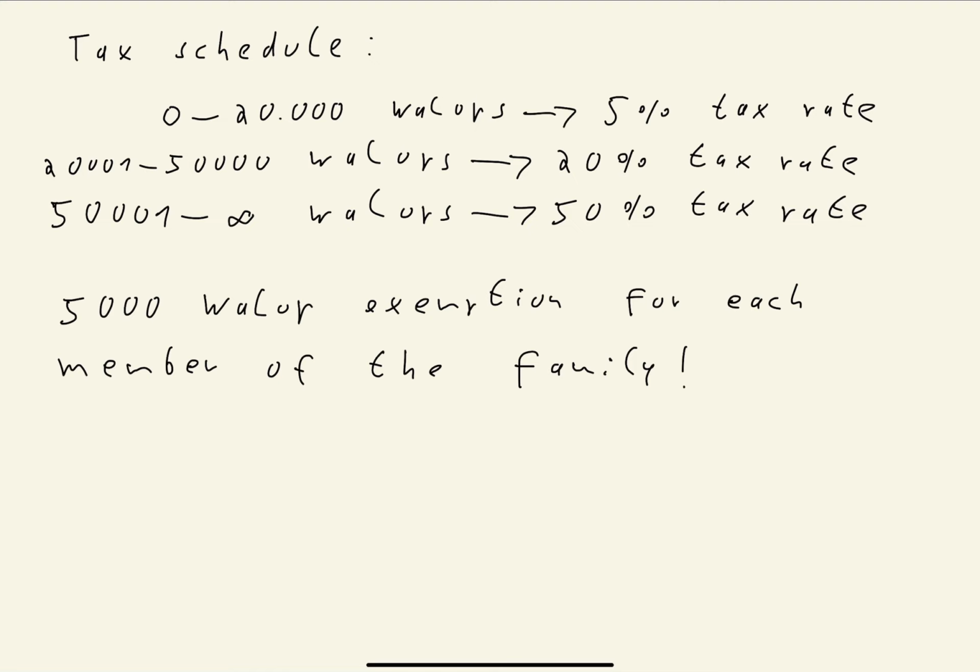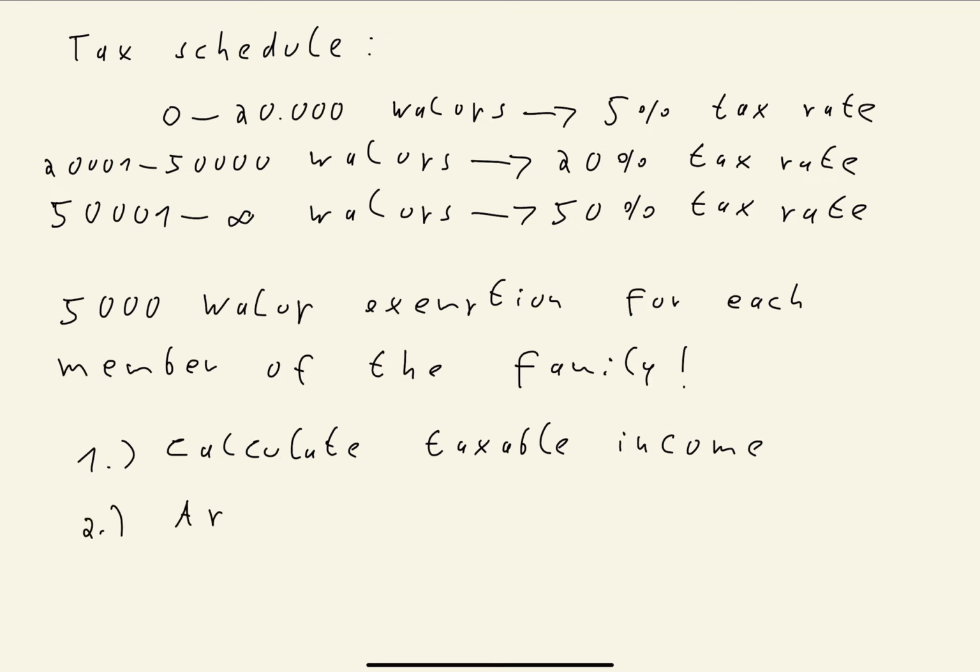Because we first subtract the exemptions and then we apply the tax schedule on the taxable income. So the first step is calculate taxable income. And the second step is apply tax schedule.